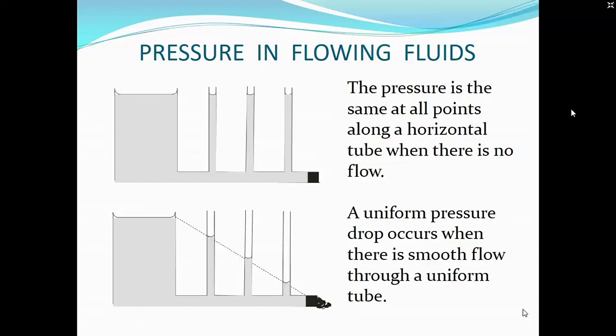In pressure. So in this case, the height is the same in every part, so the pressure is the same. In this case, however, we see that pressure changes over the distance. So there is the so-called pressure gradient.